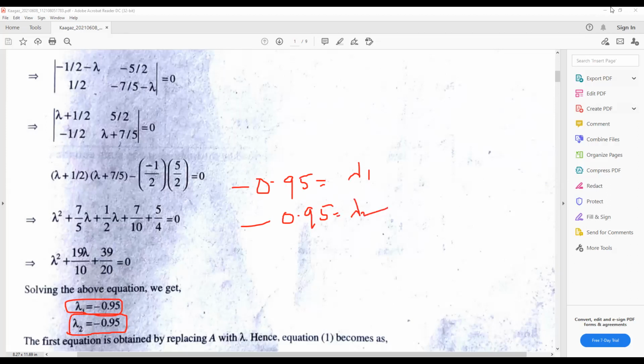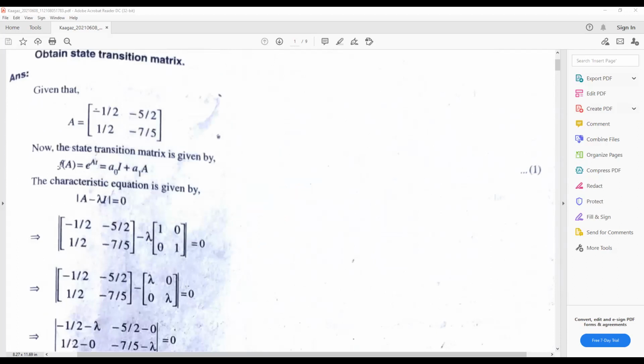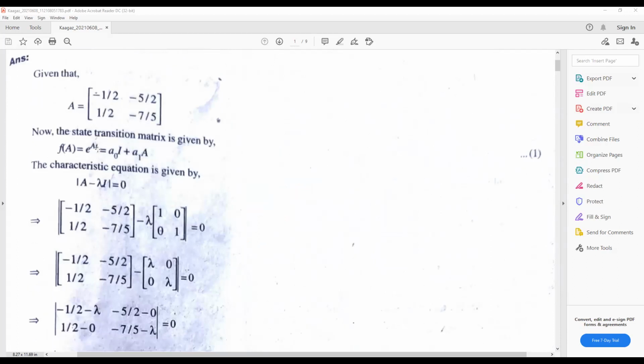Okay, so the first equation is obtained by replacing A by lambda. So what is the formula of the state transition matrix? The state transition matrix f of A is equal to e power At, which is a naught I plus a1 A.